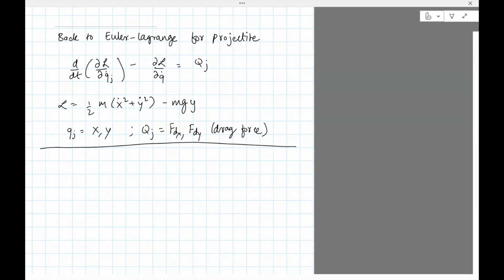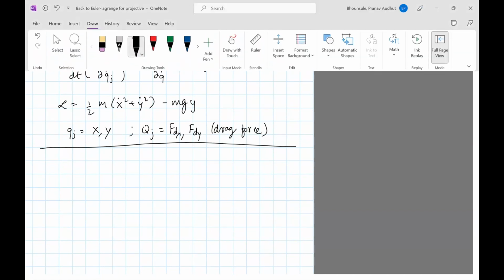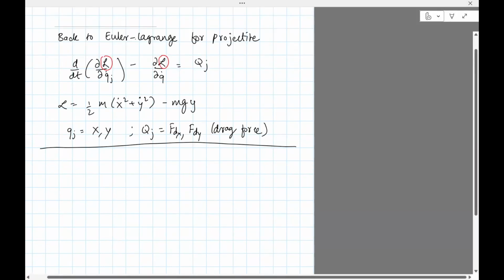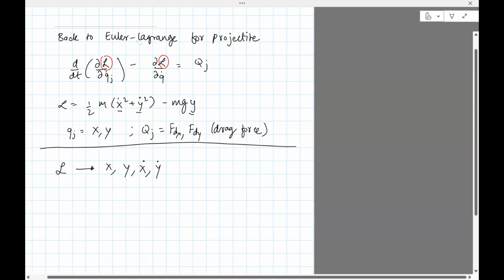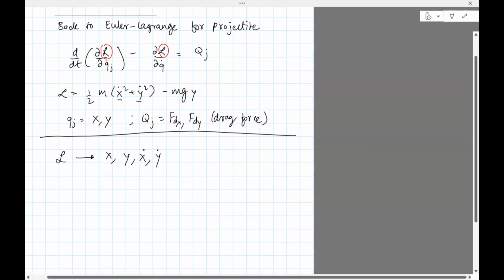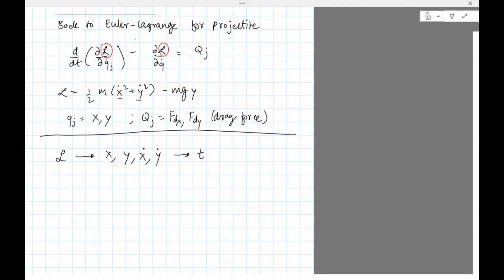So what we need to do here is just like f, we looked at f or f2 in the previous part, and we use the chain rule to compute the derivative. Here we are looking at L, and so we better try to understand how L is related to the independent variables. So here L is a function of x dot, y dot, and y. But in a generic case, it could also be a function of x, y, x dot, y dot. And those things are clearly a function of time.